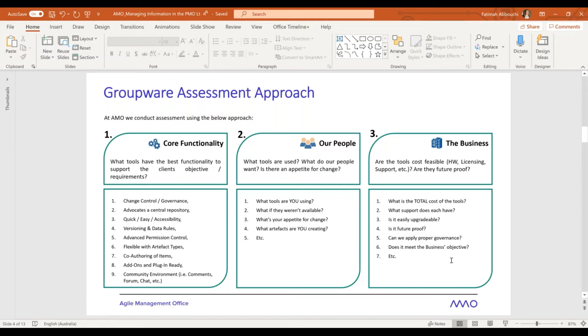Now you can see by looking at some of the questions here that a lot of these do relate to Microsoft SharePoint, which is one of the tools that we use quite a lot actually. But there are also a number of other tools in the market, such as Confluence, which would take into consideration some of these objectives and requirements. So as I said, we need to think about the questions that you would need to ask. These are some as a guide to help you.